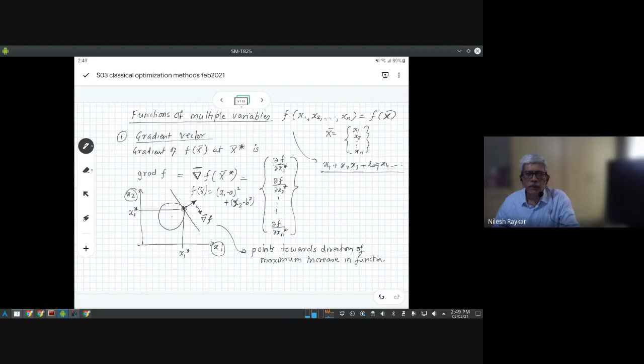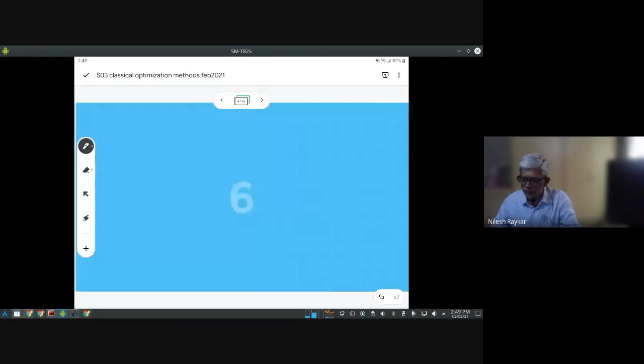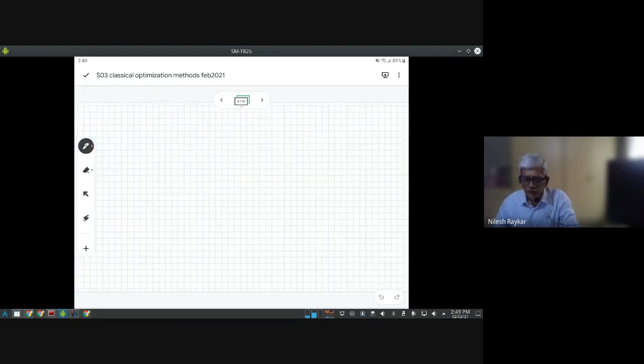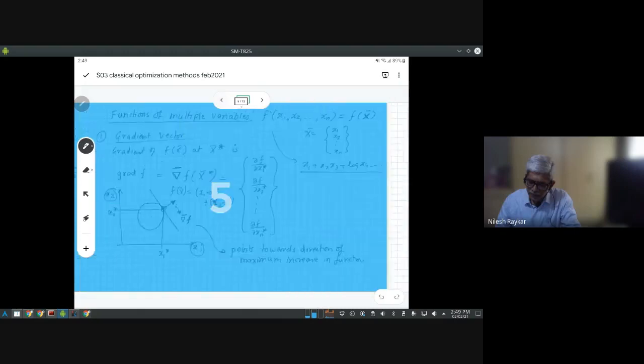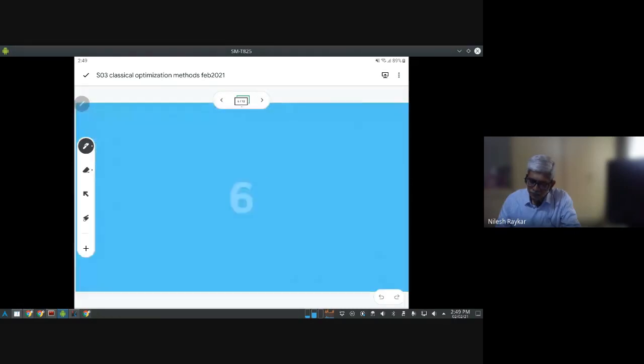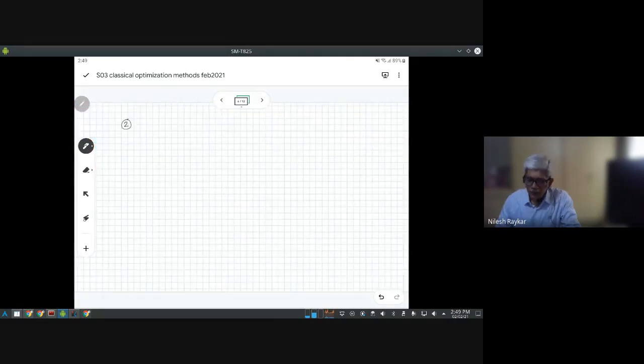In multivariate, the first derivative is a vector and the second derivative is a matrix. It is an n by n matrix, where n is the dimension of your function. That is known as the Hessian matrix. These concepts will be required for our further understanding of optimization.